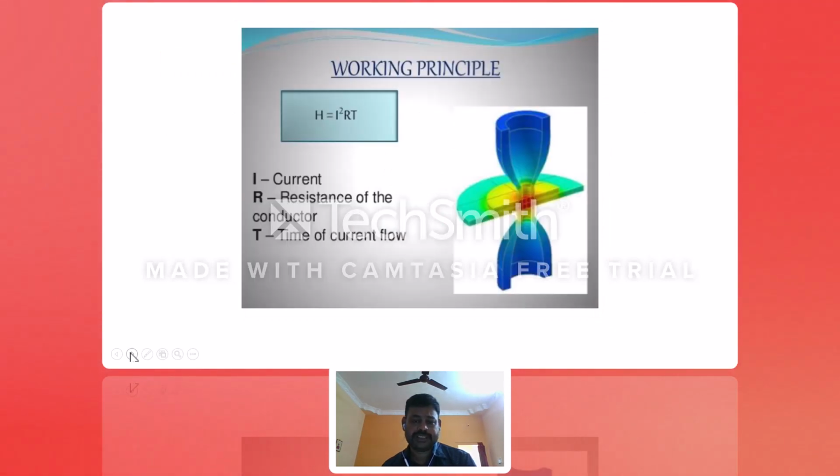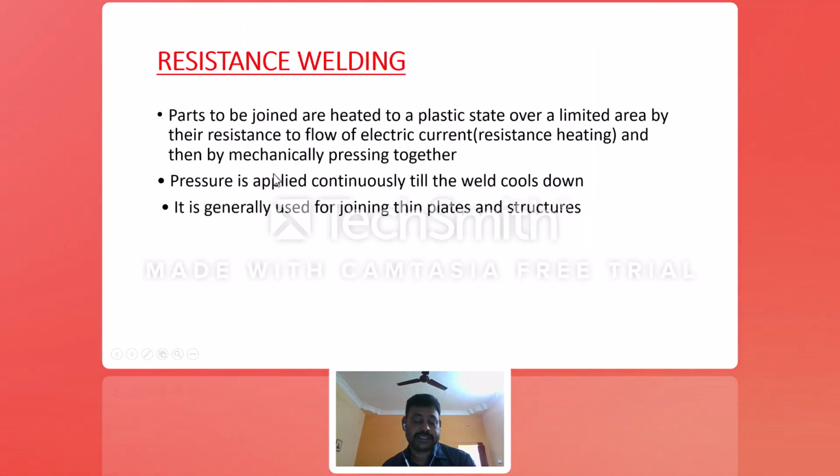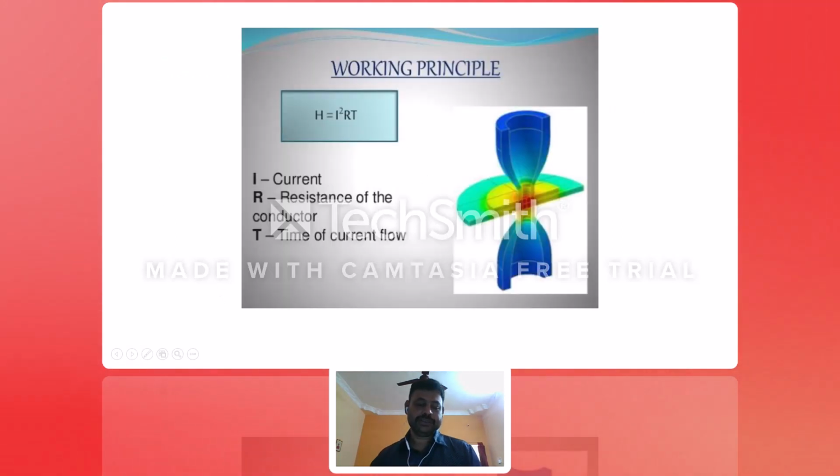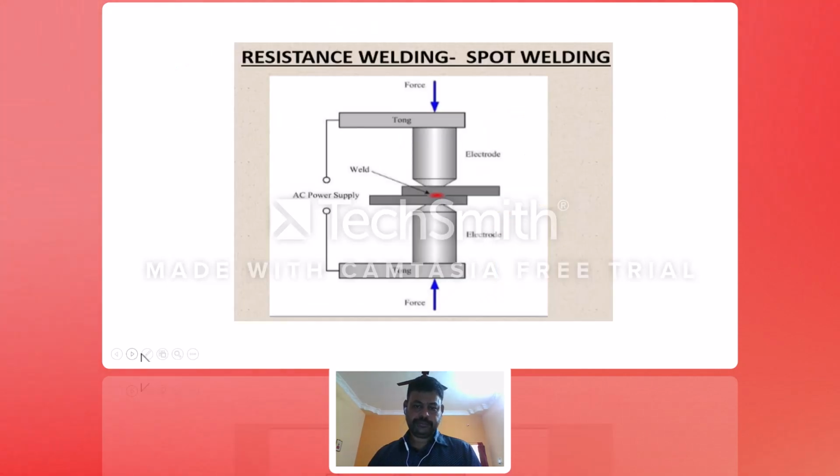Apart from that, you have resistance welding. Here, instead of an external heat source, they are using electrical resistance. This welding process is used in automobile body manufacturing. It is used for welding sheet metal. Two sheets are arranged one over the other, like a lap, and placed between two electrodes.